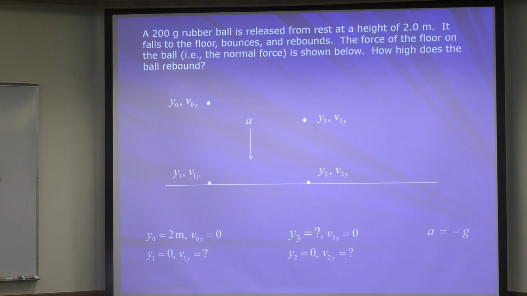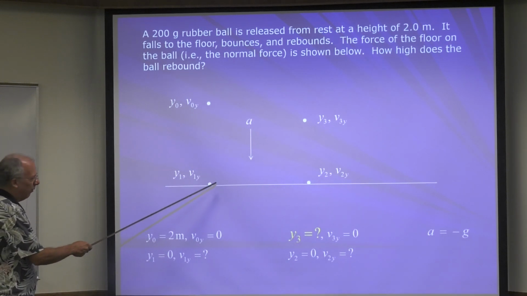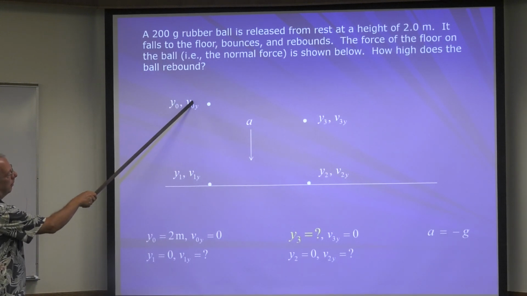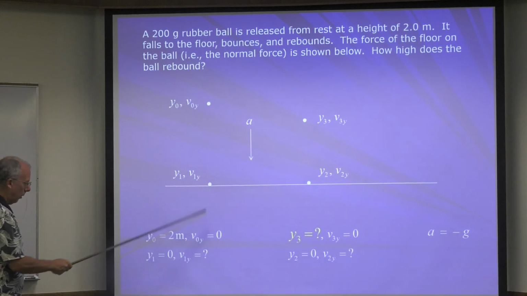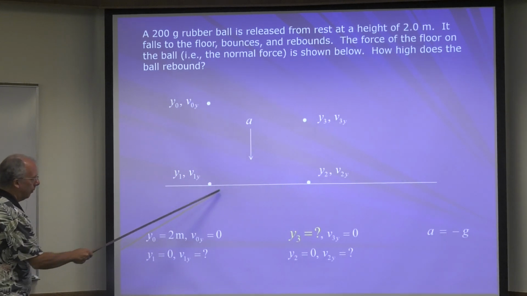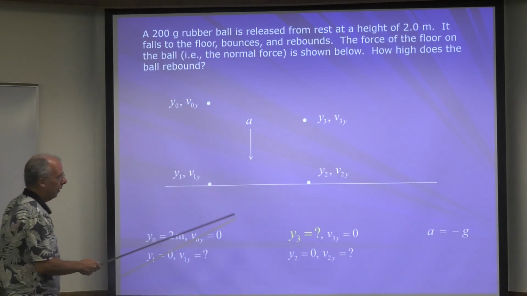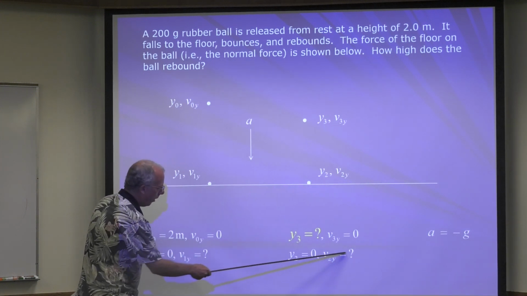Okay, so let's see, what did I call the origin? The floor, kind of makes sense, right? So this is 2 meters. This is 0. We're dropping it from rest. Okay, this is 0, right? y1 is 0. We don't know what the velocity is right before the collision, but we can find out from kinematics. y2 is 0, v2y.